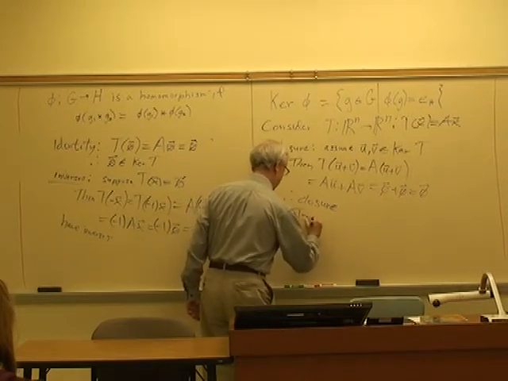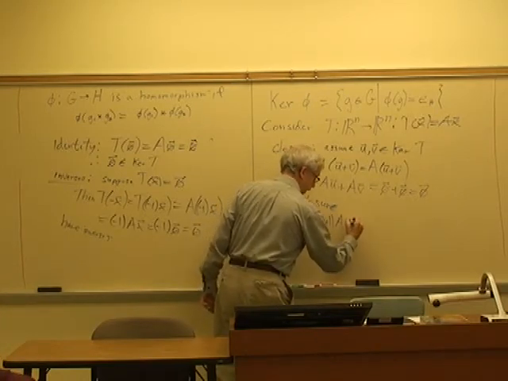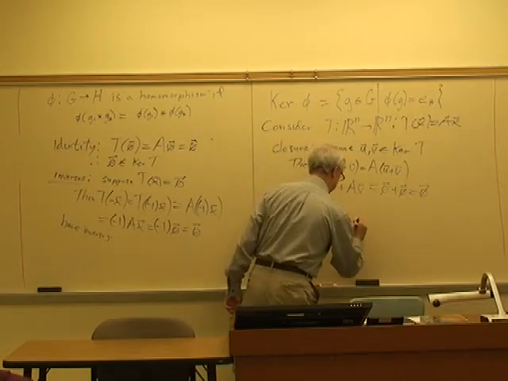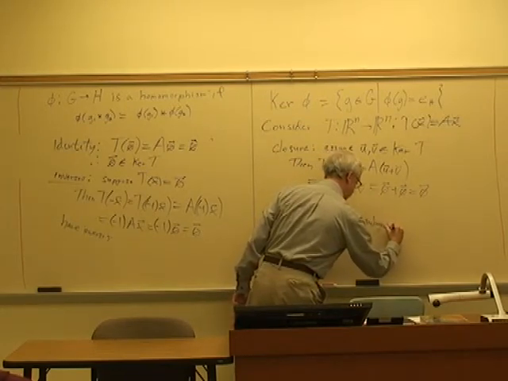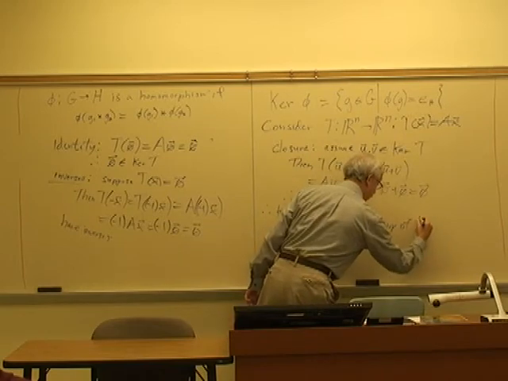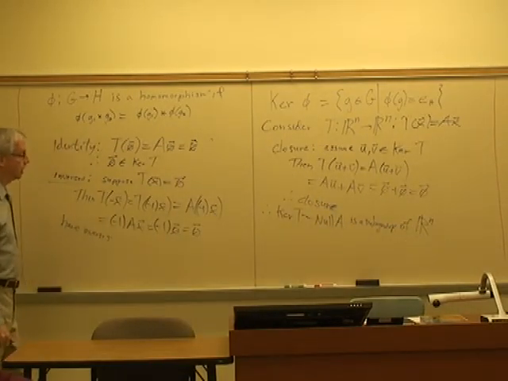Ker T equals null A is a subgroup of Rn as a vector space. It turns out it's actually a subspace too, but we don't worry about that in this case.